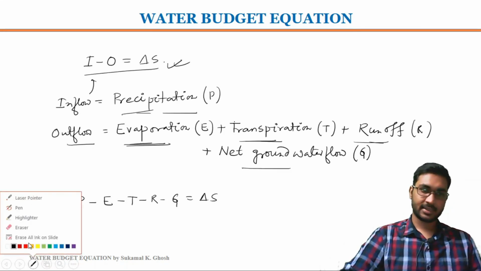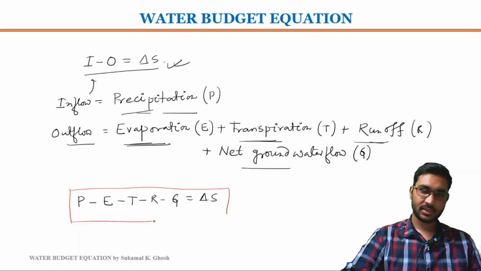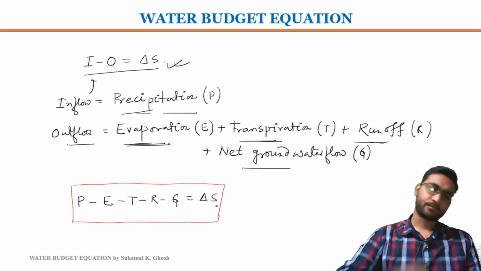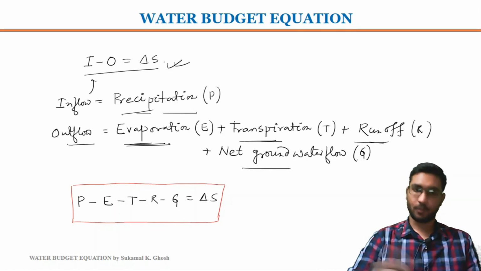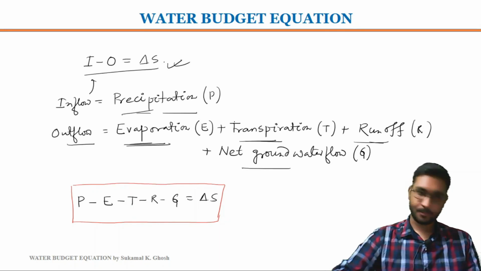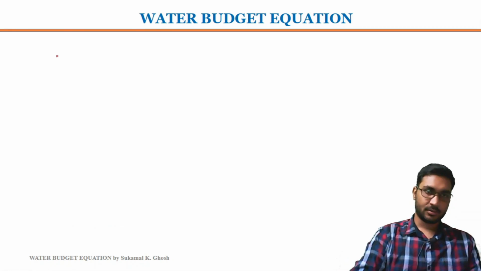So this is the water budget equation. Now we can write this water budget equation in another form, known as the rainfall runoff form.